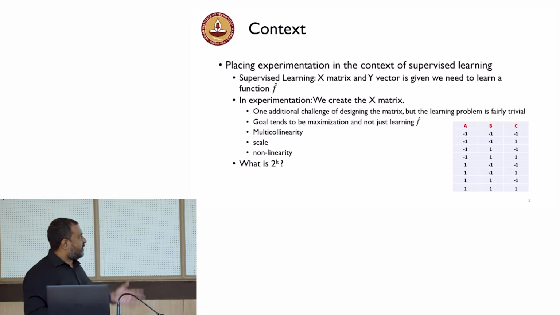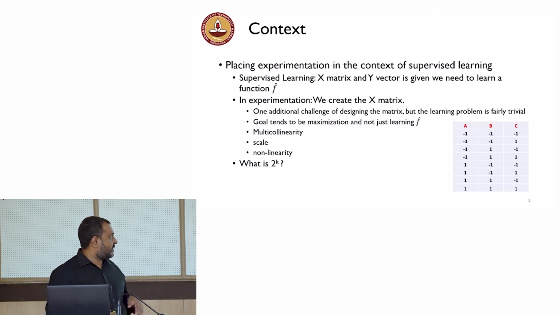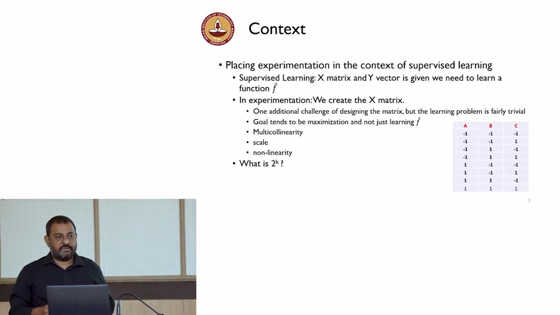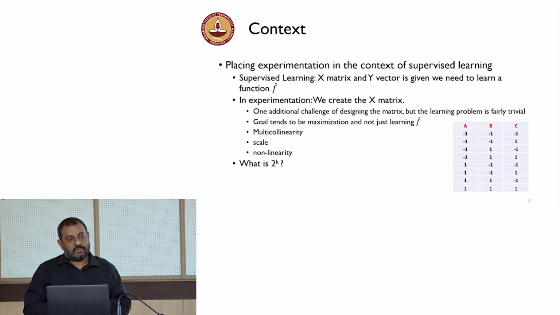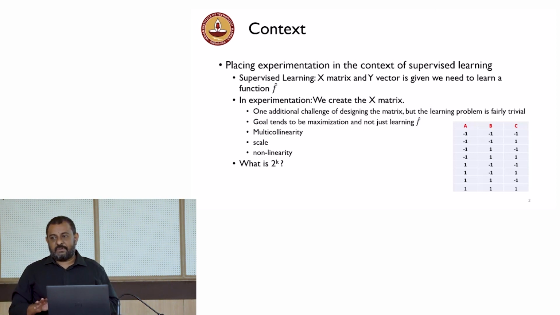In supervised learning, you have an X matrix typically and a standard regression problem. An X matrix, a Y vector, and we need to learn some function, some F hat that you'll wind up learning that gives you the relationship between the inputs and the outputs, the features and the labels. In experimentation, we have the same problem. But we have a unique challenge as well as an opportunity, which is that we get to decide what the X matrix is.